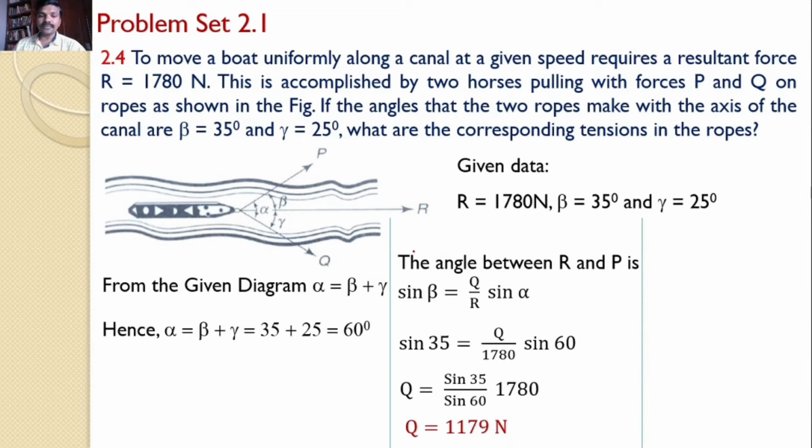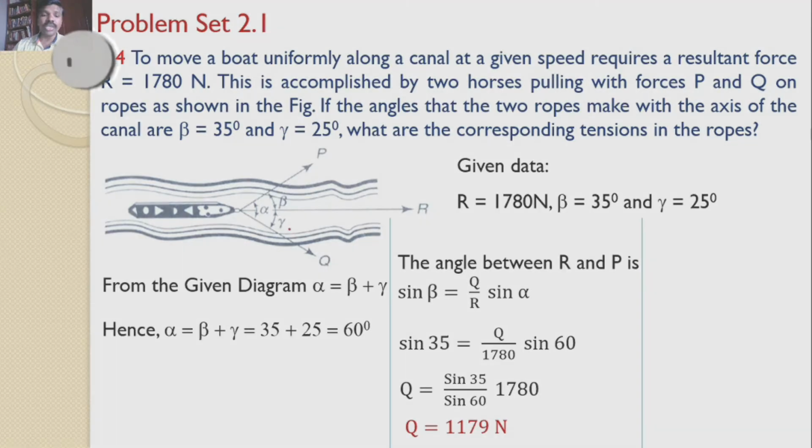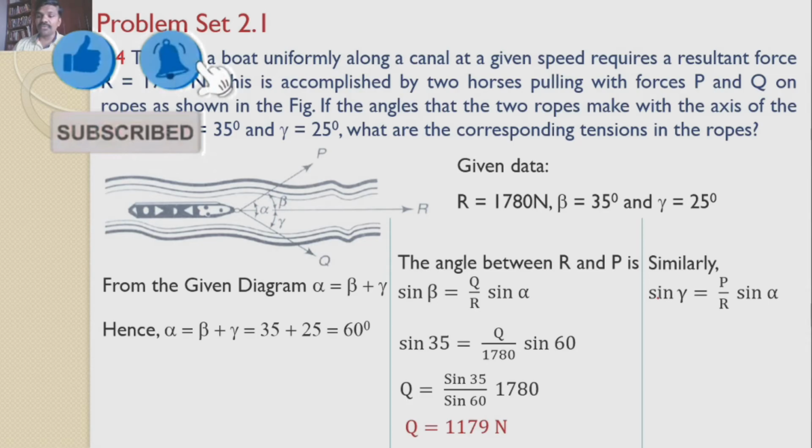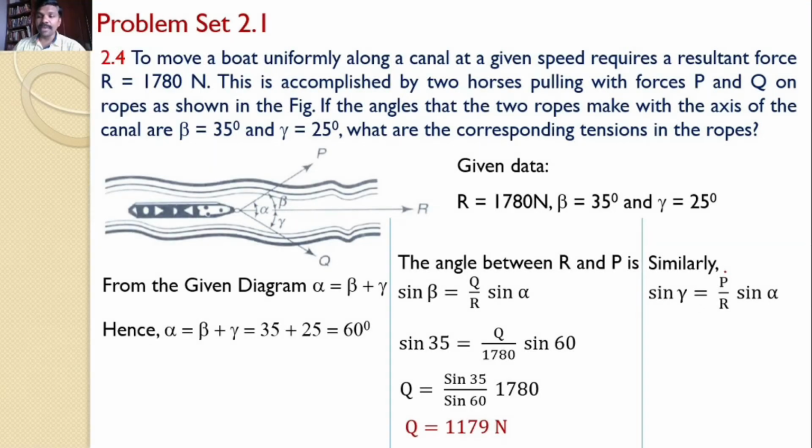Similarly, we know the angle between resultant force R and Q is gamma. For that gamma, we know the formula sine gamma is equal to P by R into sine alpha. In this equation also, the gamma value is known, R value is known, alpha value is known.